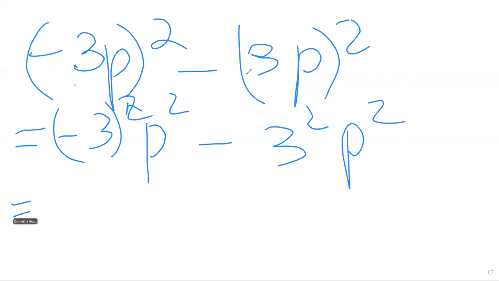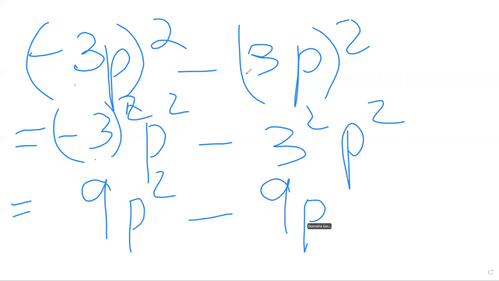So negative 3 squared gives us 9p squared. Minus, we also have 9p squared here. Our answer is 0. That completes our answers to the power to a power rule classwork that you would have received. All right, that's it.